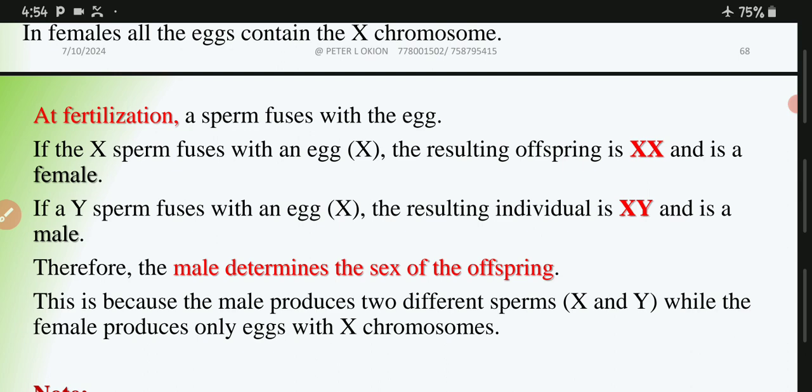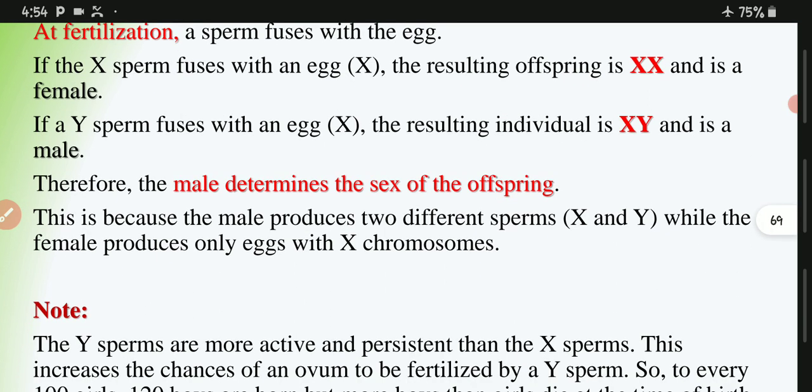If a Y sperm fuses with an egg X, the result is XY and is a male. Therefore, the male determines the sex of the offspring. This is because the male produces two different sperms, the X and the Y, while the female produces only eggs with the X chromosome.